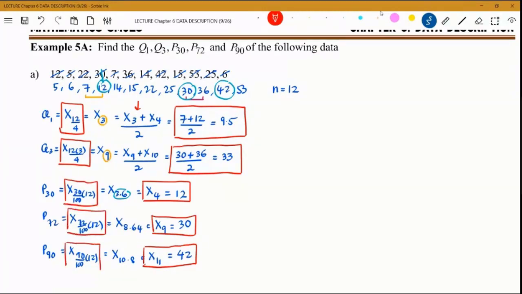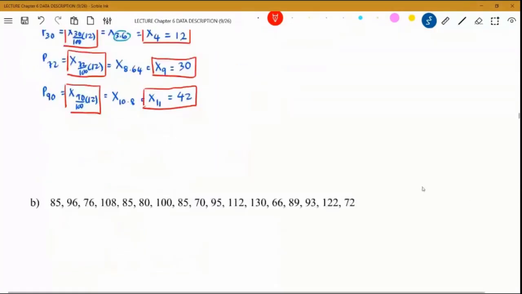So part B. Susun. Kita dapat berapa? Susunan dia. Kita akan dapat. Starting dia adalah 66. Yes, the lowest is 66, right? 66. 70.